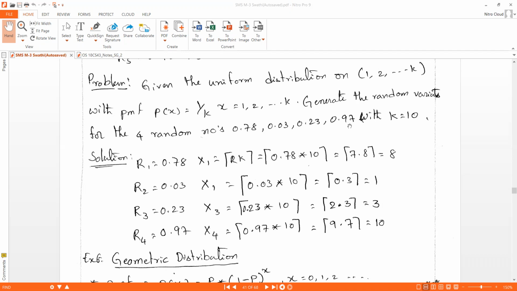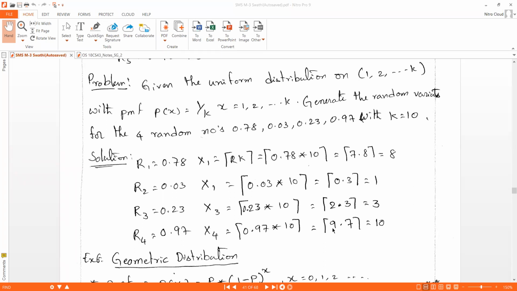Okay, next we have another random number, that is R4 is given in the question as 0.97. When the random number is 0.97, what is the random variant we need to calculate here? The random variant X4 is equal to mod of R4 into K. Here the R4 value is given as 0.97, that into K value is given in the problem as 10. 0.97 into 10, we will get 9.7.